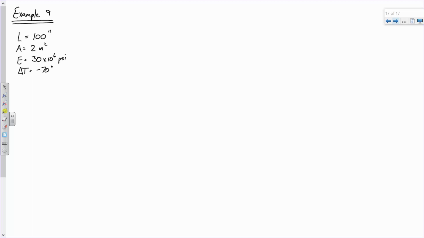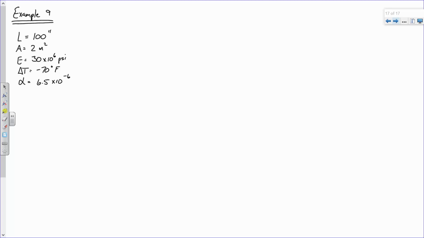Now, I'll go ahead and say the sign doesn't really matter as long as you know what the bar is going to do. You know that the bar is going to get shorter. That's really what's most important. And we also have alpha, which is 6.5 times 10 to the minus 6.